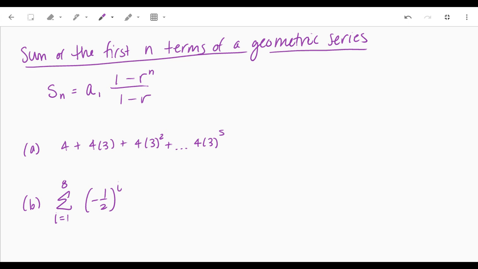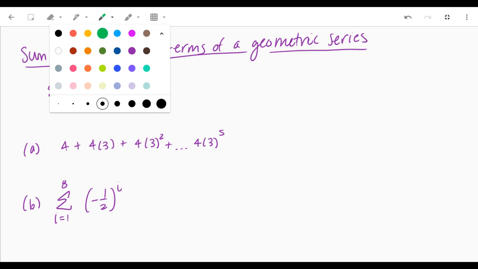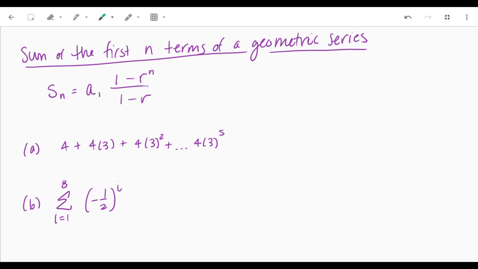Okay, so that first one, we need to figure out what a sub 1, r, and n are. Our first term is 4. We can see that we're multiplying by 3 every time. This one kind of makes it easy because you can tell we've multiplied by 3 5 times then.